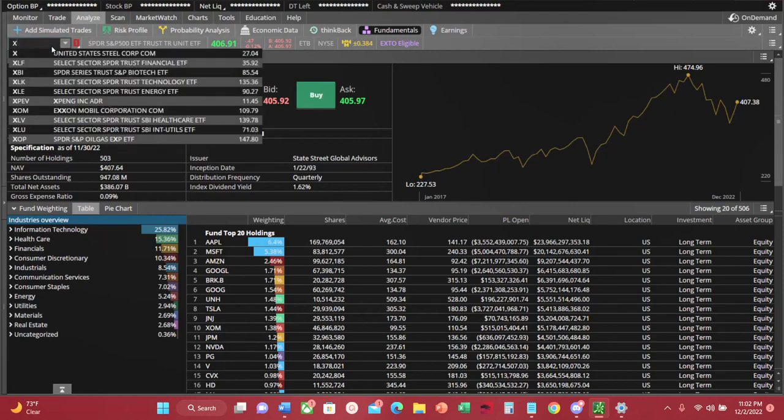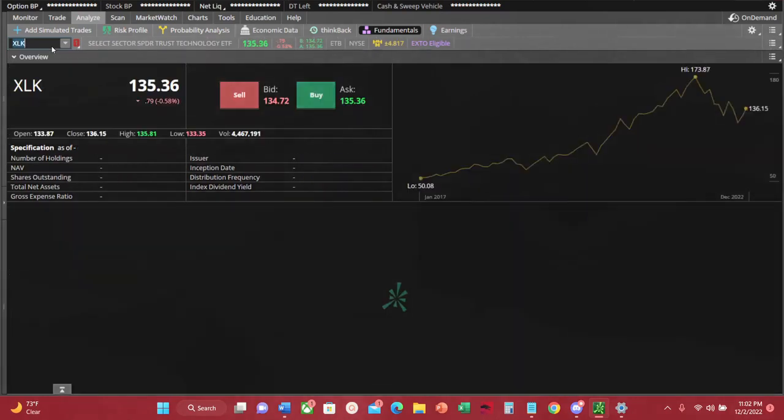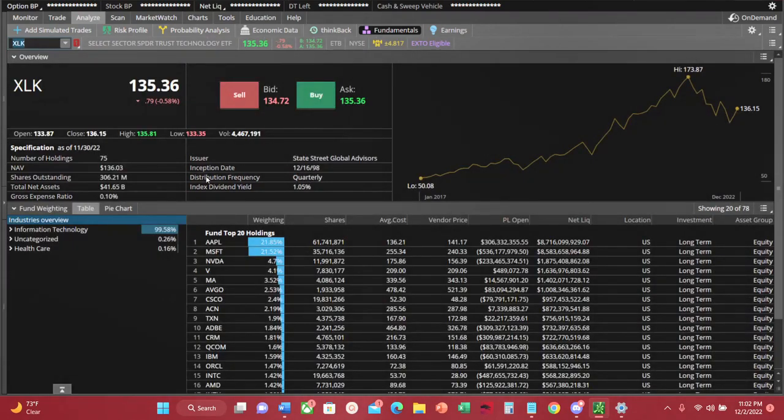The tech sector of SPY also has a fund for tech, the SPDR Trust Technology ETF, XLK. You can see Nvidia's number 3 on that one, so that's where I get that number 3 from on QQQ. I don't know if it's exact or not. I just know it is for XLK.